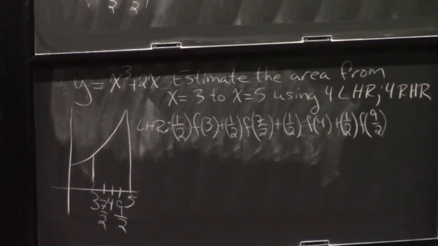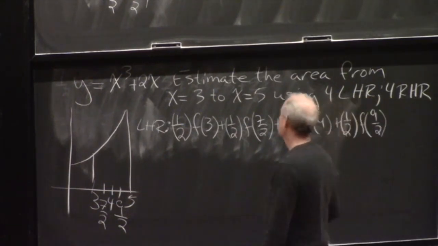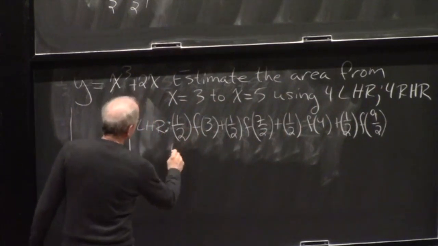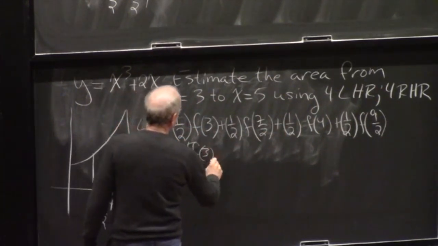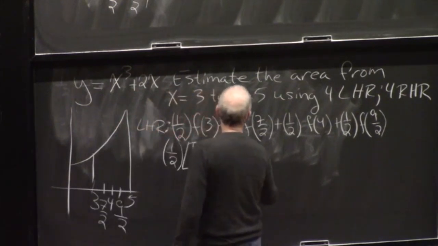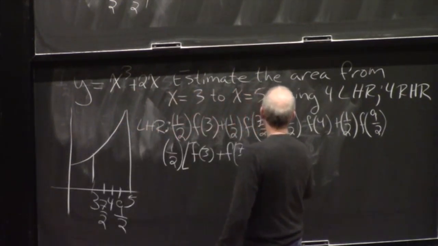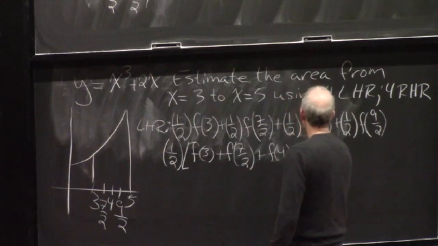That's all I would want to see. I don't need you to work out what those numbers are. Because 9/2 cubed plus 2 times 9/2 is 801 over 8. I think that's right, but it could be wrong. Notice though, you could factor out the half, and you could do f of 3 plus f of 7/2 plus f of 4 plus f of 9/2.